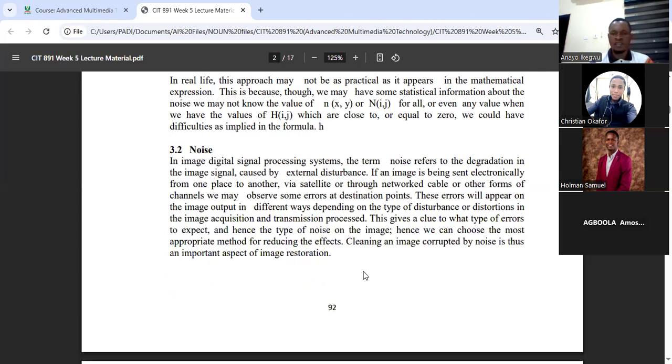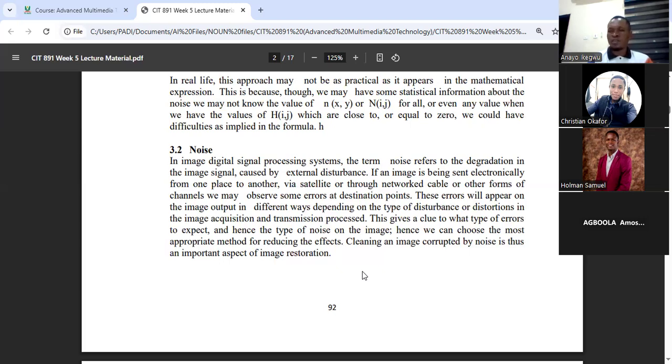We have noise. As I explained earlier, when you are capturing an image, a lot of unusual things may appear on that image. We refer to it as what? Noise. A kind of degradation in the image signal caused by external disturbance. The external disturbance could be anything. It could be from the device, it could be the background.